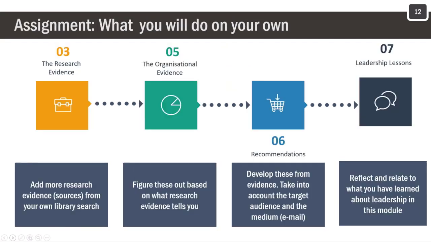What you will need to do on your own is to do a bit more research for your section 3 following the feedback that would be provided to you. Then identify your organizational evidence for section 5 and then develop your recommendations in section 6 and derive your leadership lessons in section 7.